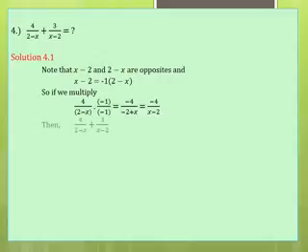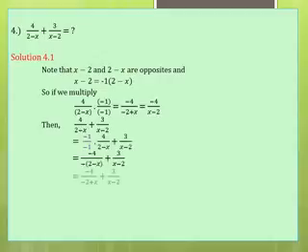and negative 4 over x minus 2. Then, 4 over 2 minus x plus 3 over x minus 2 is equal to negative 4 over x minus 2 plus 3 over x minus 2. And then, rule number 2, we add or subtract the numerators and copy the common denominator.